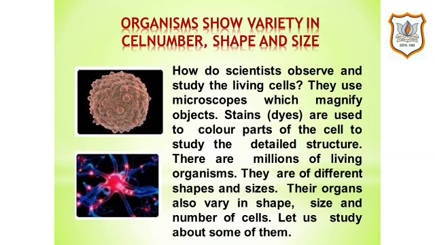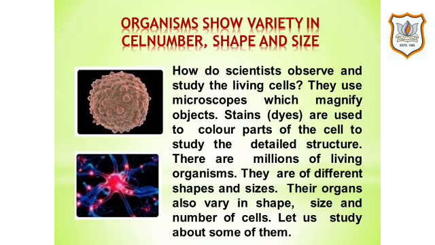There are millions of living organisms, all of which are made up of tiny cells. The various organisms, however, differ in the number of cells which make up their body. They differ in the shape of cells in their body. They also differ in the size of cells in their body.